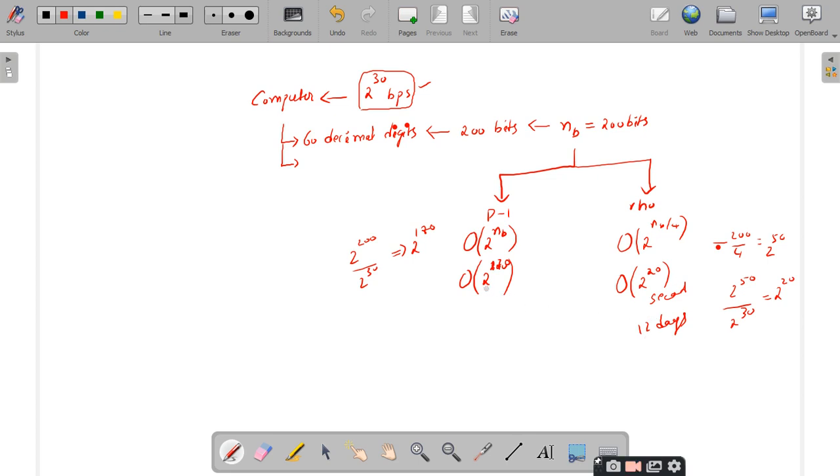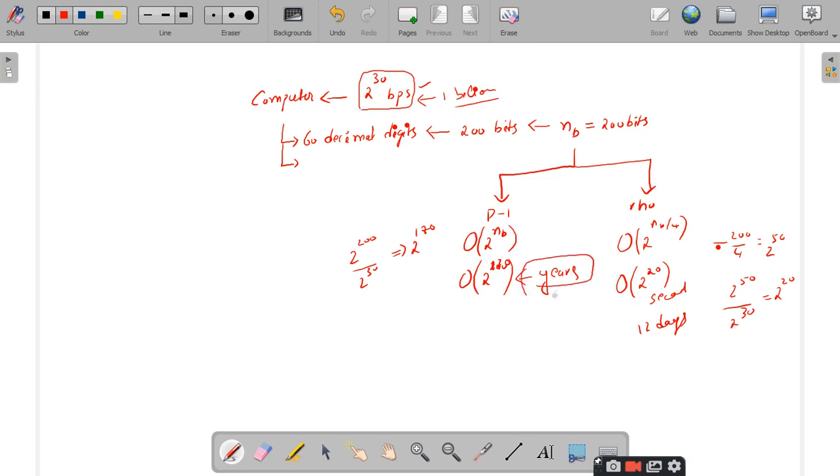See here, 2 power 20 is 12 days. What about the value of 2 power 170? As I told, it will run for years together. Even the fastest computer, 2 power 30 bits per second, is almost equal to 1 billion per second speed. Even then the algorithms are not going to give the result for years together.